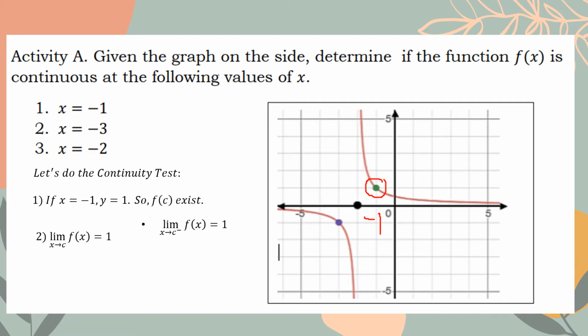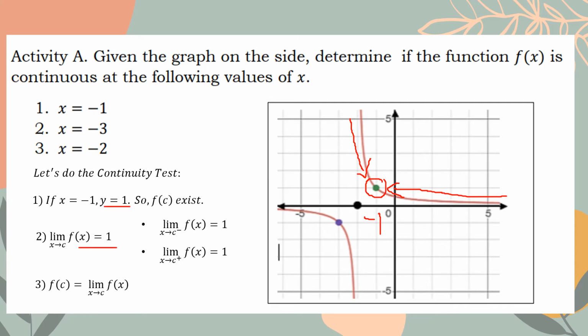From the left, it's approaching this value, and from the right, this is also approaching this y value. So what y value is that? That is 1. From the left and from the right, the same number. So we can conclude that this limit exists and that is 1.